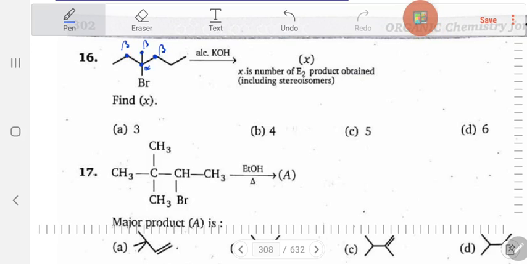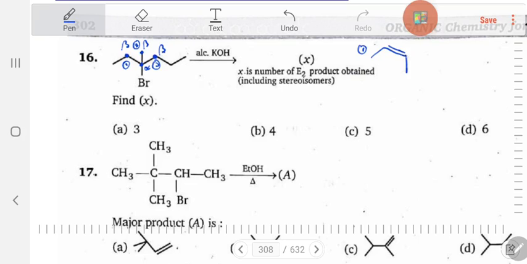So if I try to abstract hydrogen from any one of them, let me consider the first case. Let me remove hydrogen from this first one. Let me call this the second one, this the third one. So if I remove hydrogen from the first one, then you will get a double bond here and the remaining system as it is.